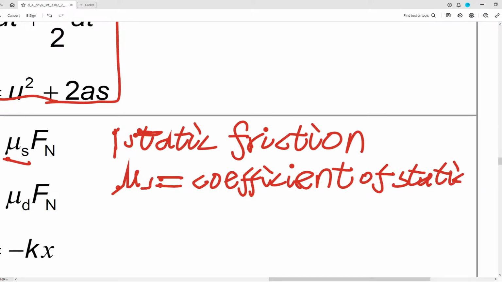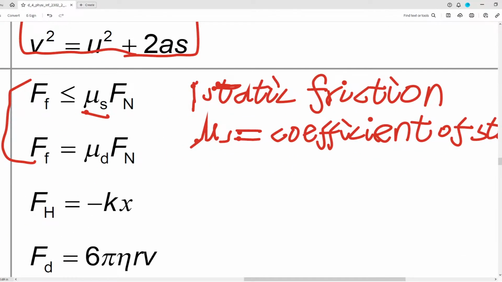And the second one, of course, is the kinetic friction, or sometimes called the dynamic friction or sliding friction. D here stands for dynamic.